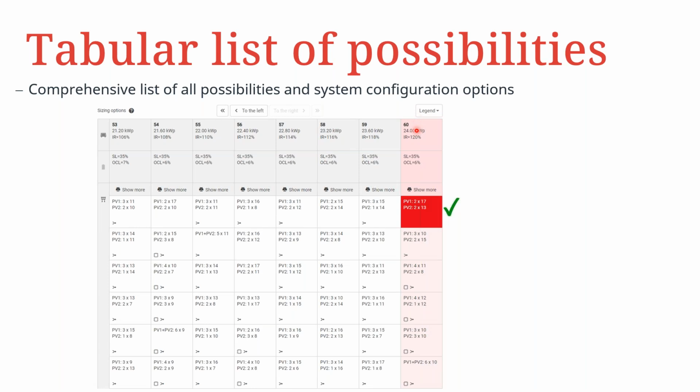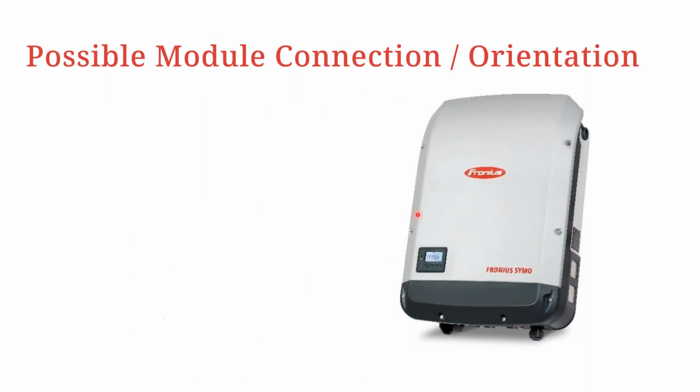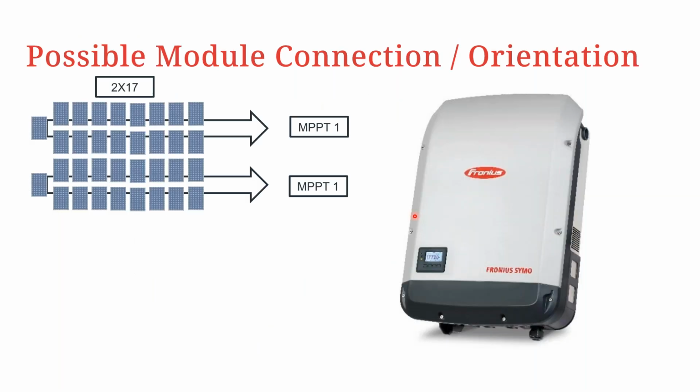Therefore, for this Symo 20, we are going to connect up to 24 kilowatt peak on the DC side, meaning we can have connections to the first and the second MPPT. The first MPPT would take 2 strings of 17 modules each, and the second MPPT will take 2 strings of 13 modules each.